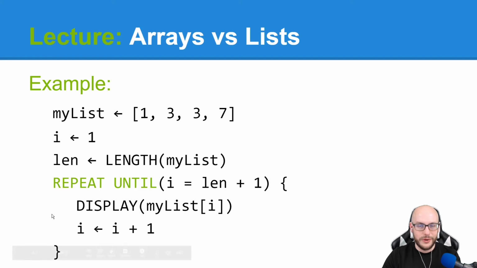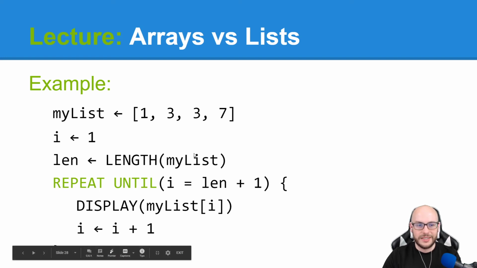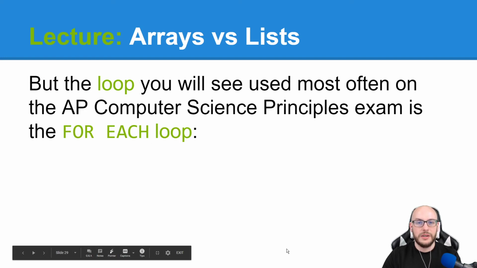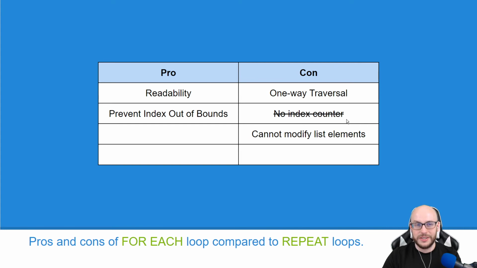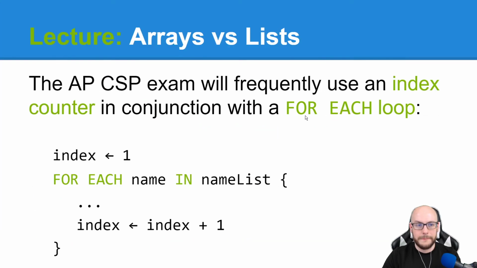Meaning with both of these examples, you can access the index after the loop. Okay, that's why I crossed off this con, because when it came to Java, it was kind of a con. I also talked about how it's kind of a positive thing because we get to reuse the index counter and we really like using I. But this, what was potentially a con with Java, and that we could not access the index after the loop was finished with a for loop, that is not the case with our pseudocode.